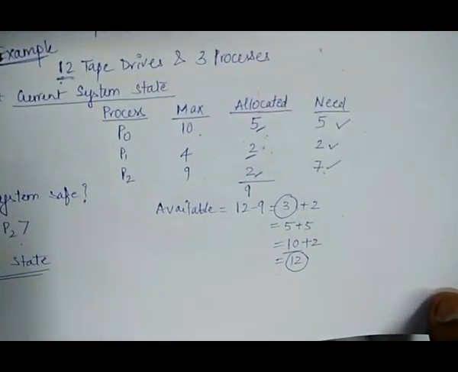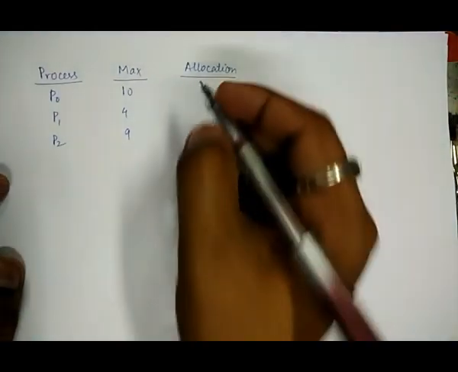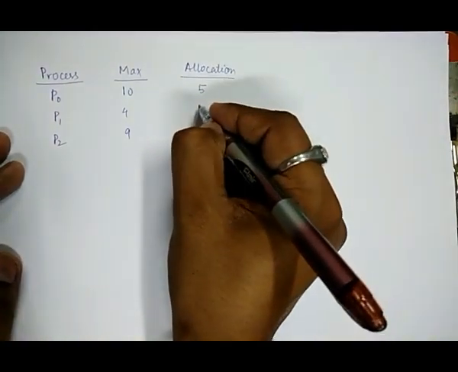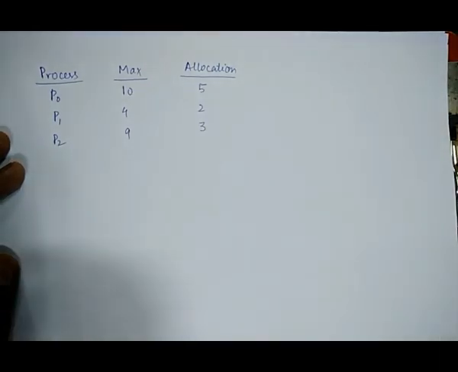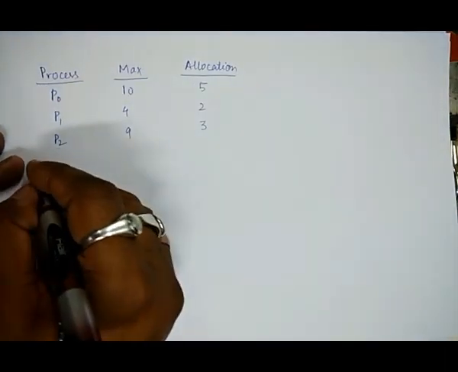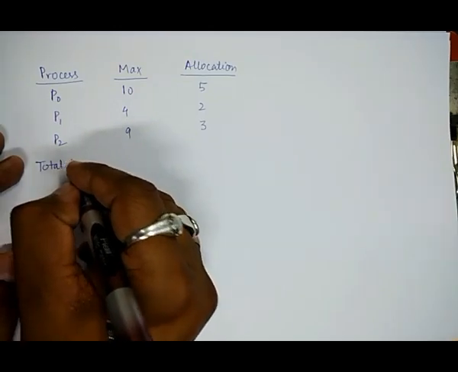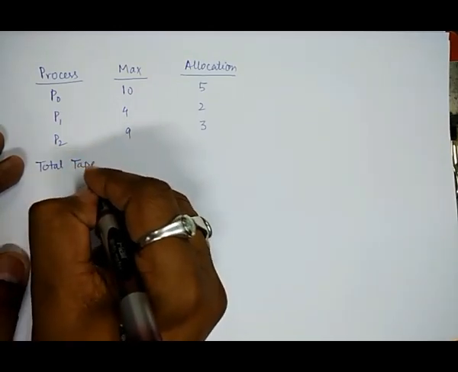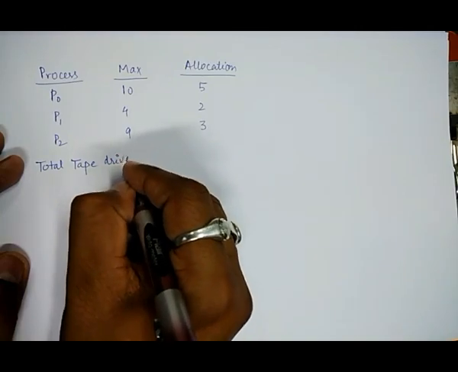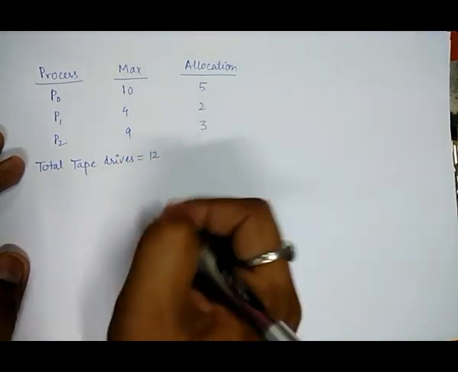So it is 5, 2, 3. So the new allocation is 5, 2, 3. Okay, and total tape drives given in the question are 12.